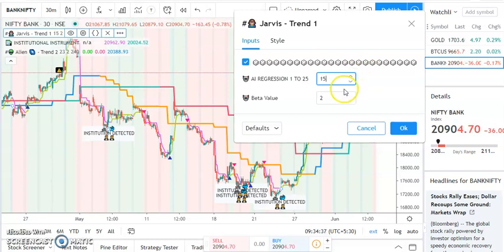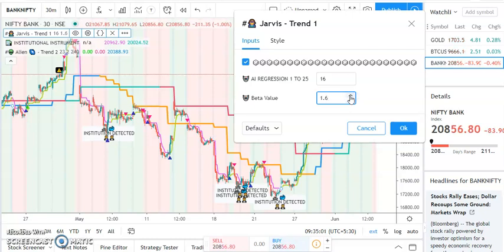Another thing is, if you change the beta value to 1 or less, if you start decreasing the beta value, you will start getting more signals. If you decrease the AI regression value, you will also get more signals. In order to reduce the noise, you should find a correct balance of which AI value and which beta value this indicator works best with.